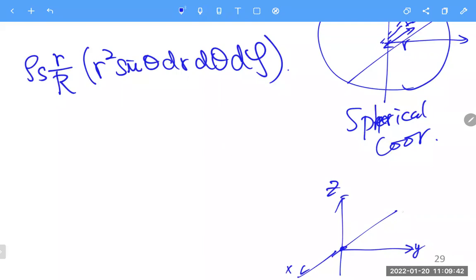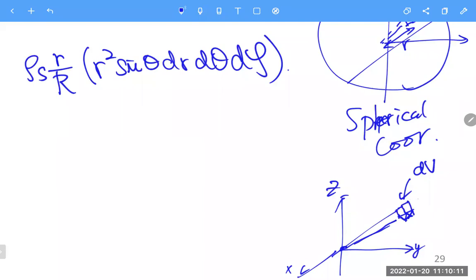Suppose we have a dV, the volume, somewhere here. If we draw something, it should look like that. So we need to calculate the volume of this cube.